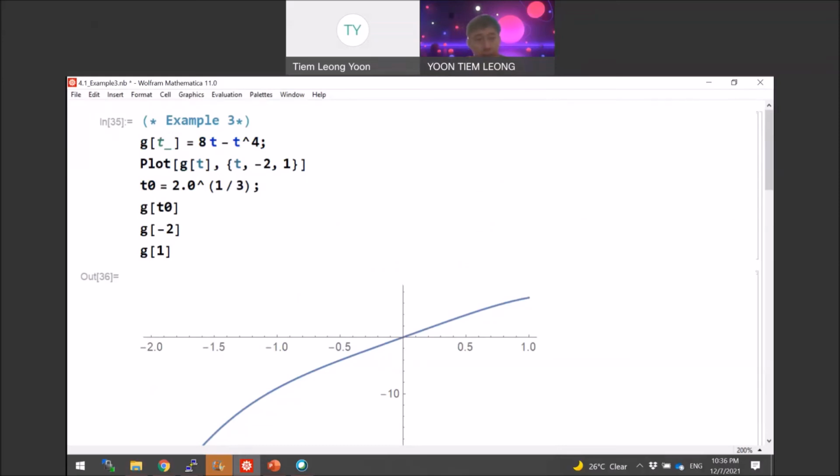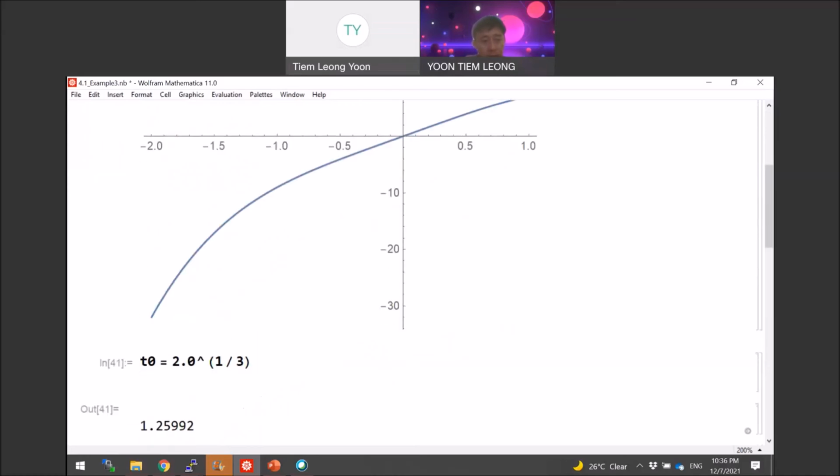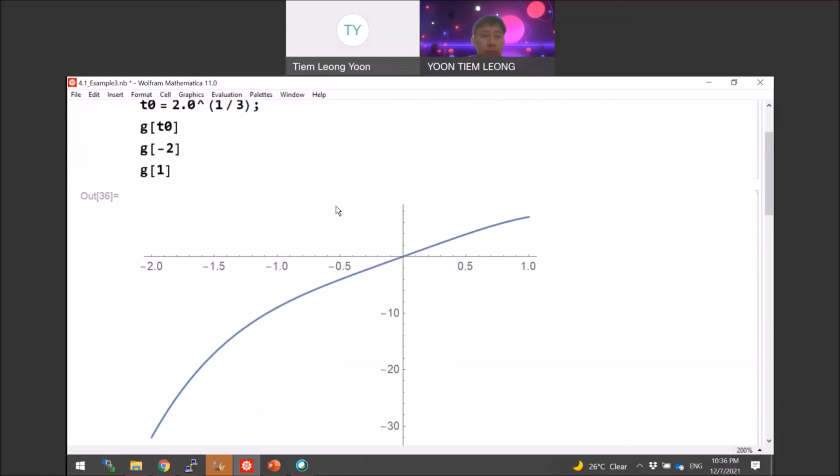So now what is the value of g at t0? You can easily calculate these functions by using Mathematica. So let me see what the value of t0 is. The value of t0 is 2 raised to the power of 1/3. So when you press the button, the value of t0 turns out to be 1.26, right? 1.26.